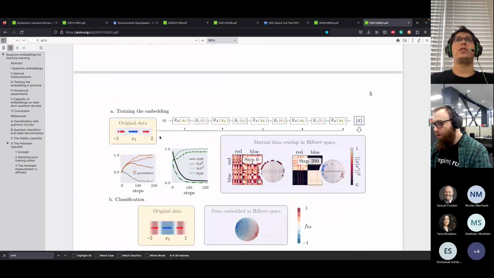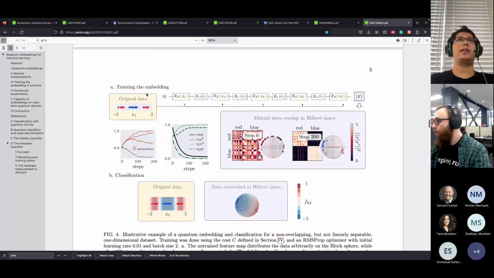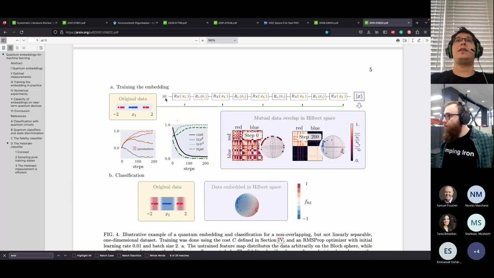Yes, this one. Let's say you have your data like this. Again, what we want to do is find a way to linearly separate this data. In this case, this is one-dimensional data. We don't have a way to separate this linearly in this space. So we would like to put it into quantum feature space and then try to separate the data in this space. This circuit is just a 1-qubit circuit.